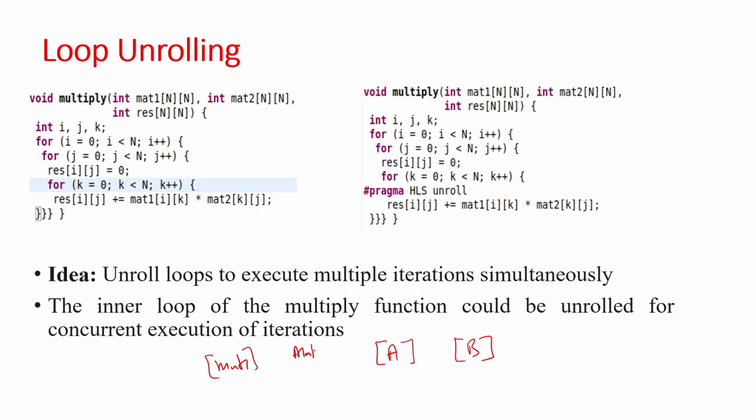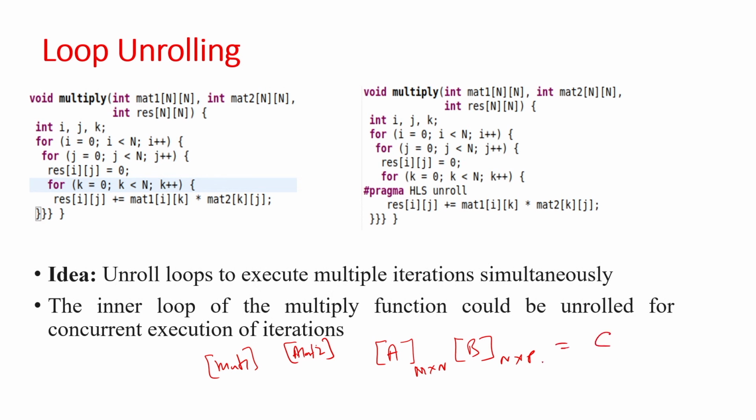The size of A is m into n, and B is n into p. That means A has m rows and n columns, and B has n rows and p columns.